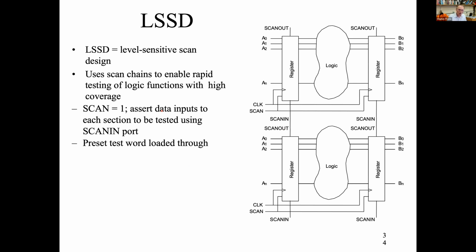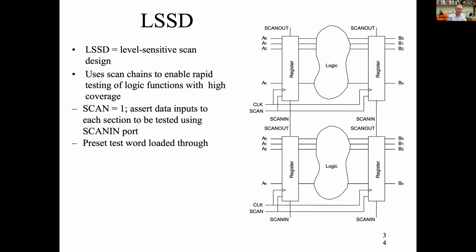So you clock in your test data and then run it and make sure that when the test data is in the register, the logic behaves in the way you want it to behave. Then you can scan in the next bit of data and test that as well.